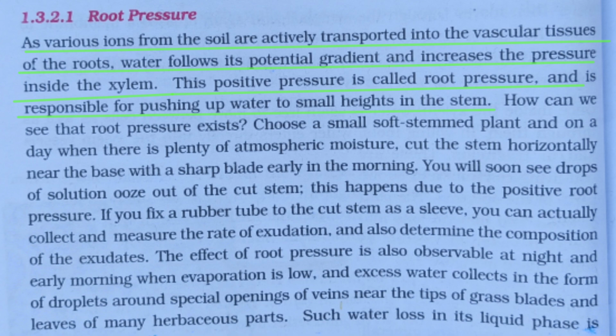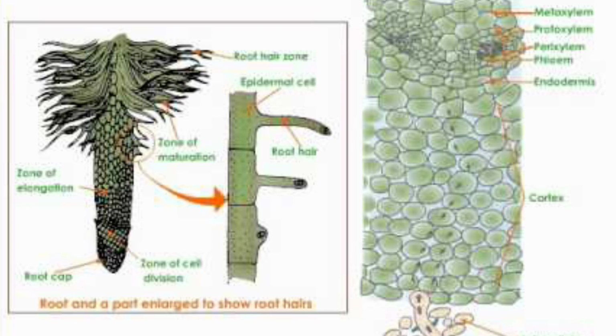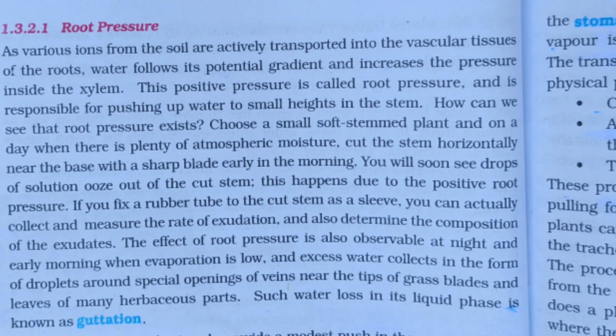As various ions from the soil are actively transported into the vascular tissues of the roots, water follows its potential gradient and increases the pressure inside the xylem. This positive pressure is called root pressure, and it is responsible for pushing up water to small heights in the stem.